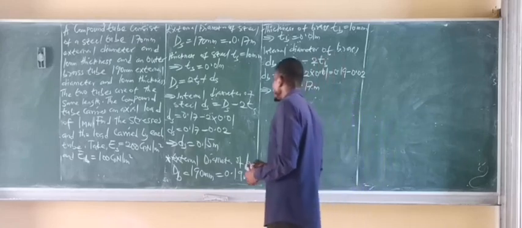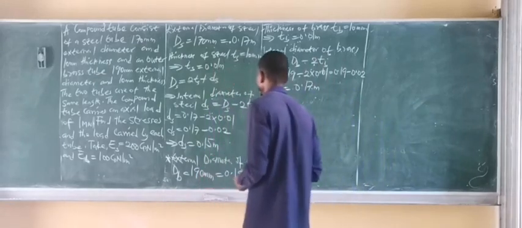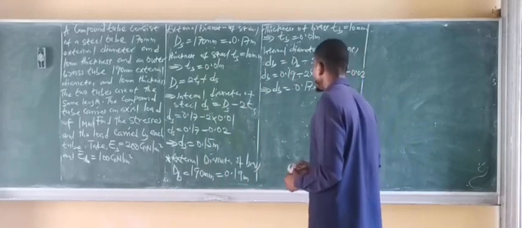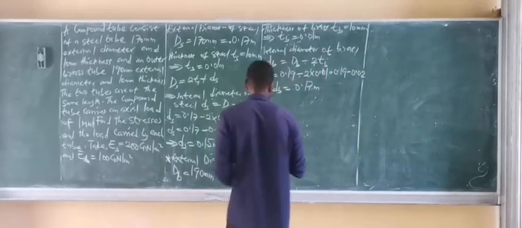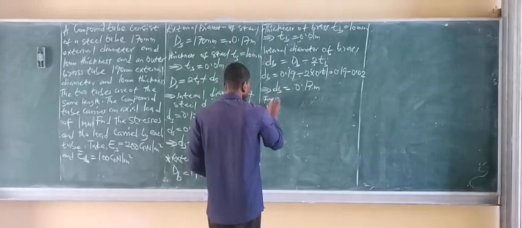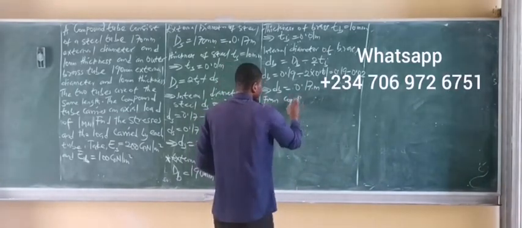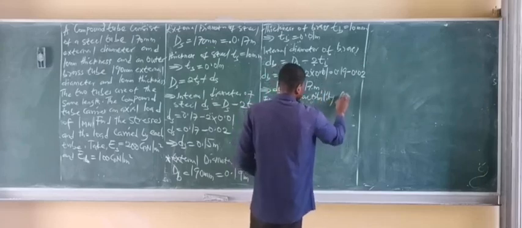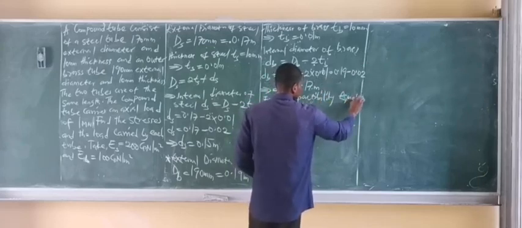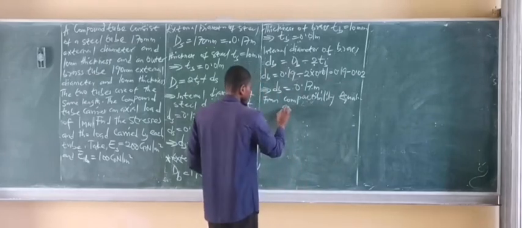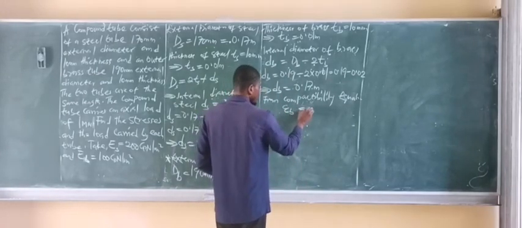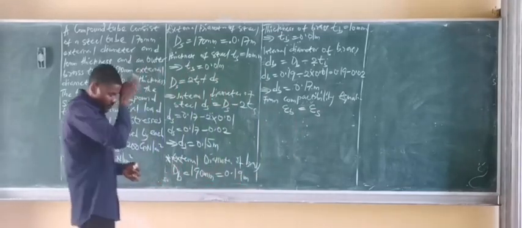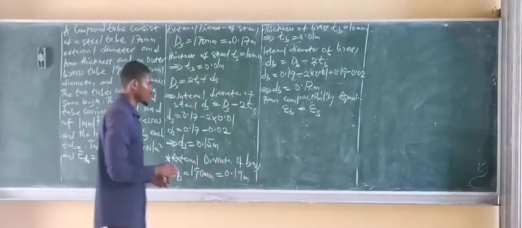Okay, so let's find the area. Let's look at this one. First of all, we'll apply the compatibility equation. From the compatibility equation, we have that the strain of brass must be equal to the strain of steel.